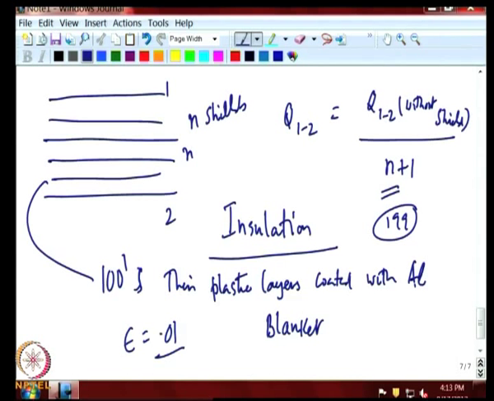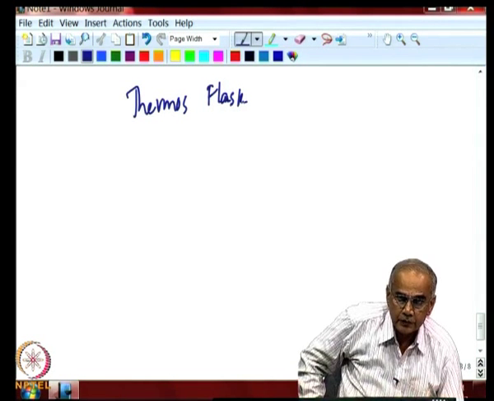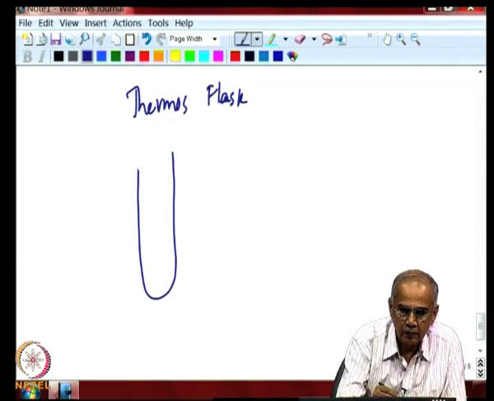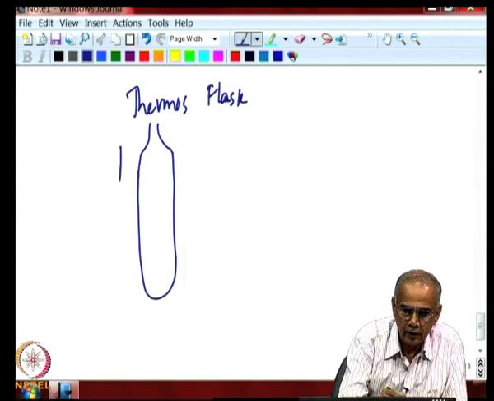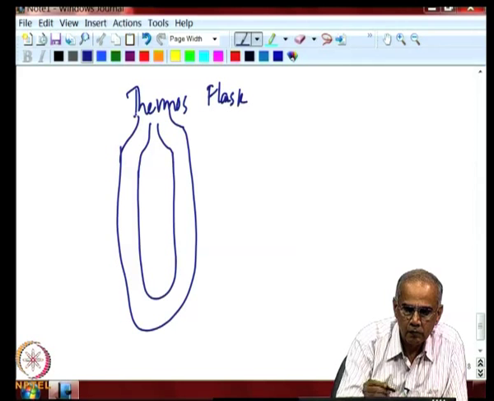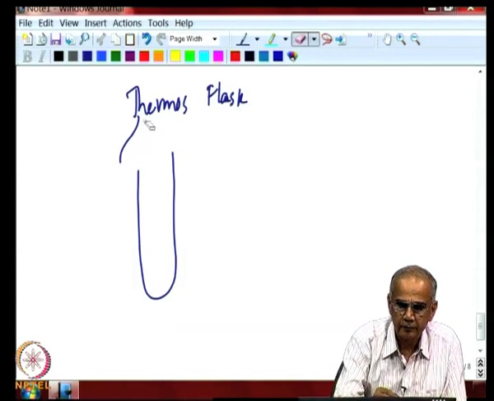Now, let me give a practical example of another insulation which all of you are familiar with, that is the Thermos Flask. In a Thermos Flask, you have an inner cylinder and an outer cylinder, and I think I will draw a better figure here.